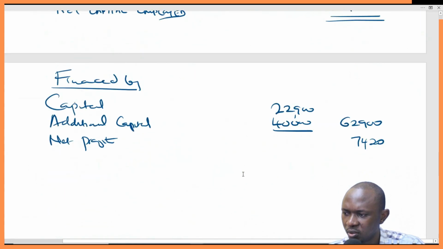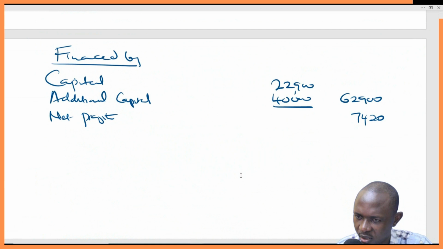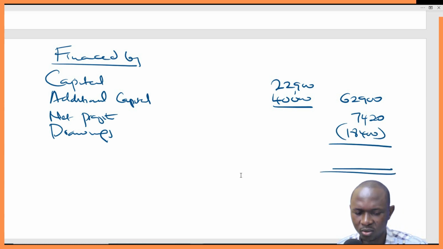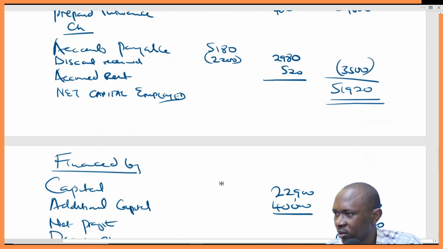So we less drawings of 18,400. This should give us the same figure, 62,900 plus 7420 minus 18,400. That is 51,920. I think that's the figure we have up here.